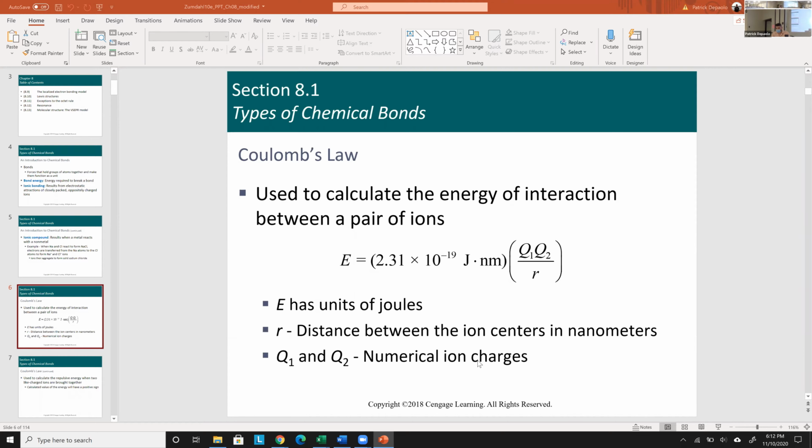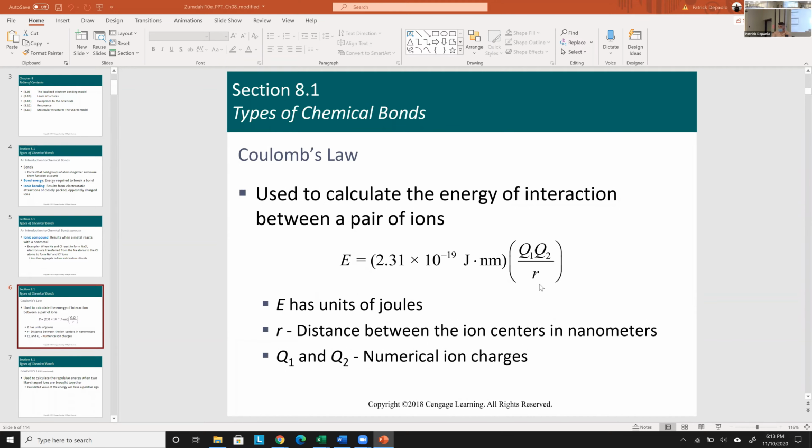If it's +1 and -1, you're just going to put 1 times 1. It's going to be the absolute value because you want this bond energy to be positive, meaning the energy required to put into the bond to break it, not the energy released from the bond breaking. Energy has to be put into it to break.